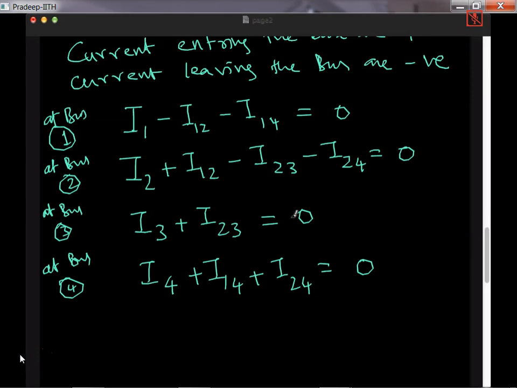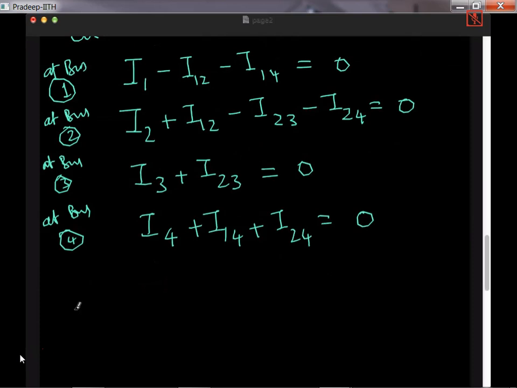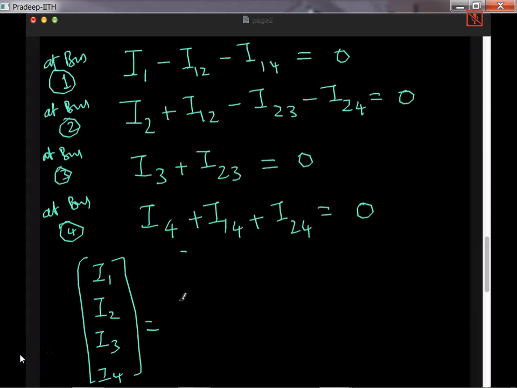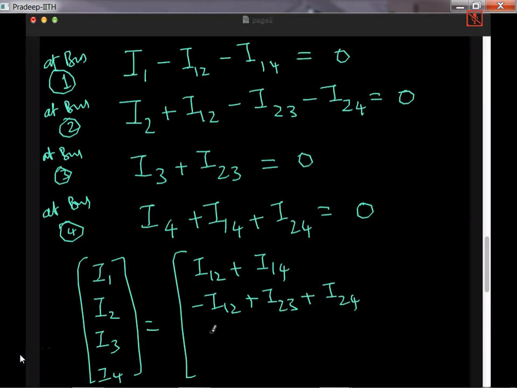Now I want to slightly rewrite this. So I want to rewrite it like this. I1, I2, I3, I4 is equal to I12 plus I14, minus I12 plus I23 plus I24, minus I23, and then minus I14 minus I24.